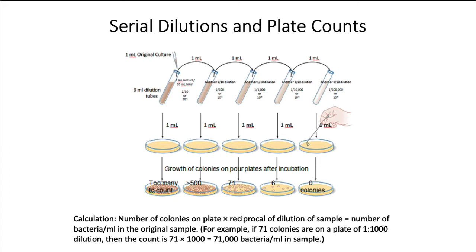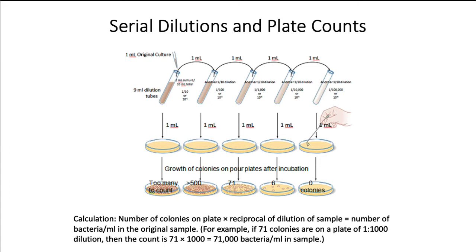So you start with 1 in 10, and then you move from 1 in 10 to the next, and to the next, and to the next. So you're making 1 in 10 steps along the way, so that way you can reach very high dilution numbers, but you are not manipulating weird, very small or very large volumes.